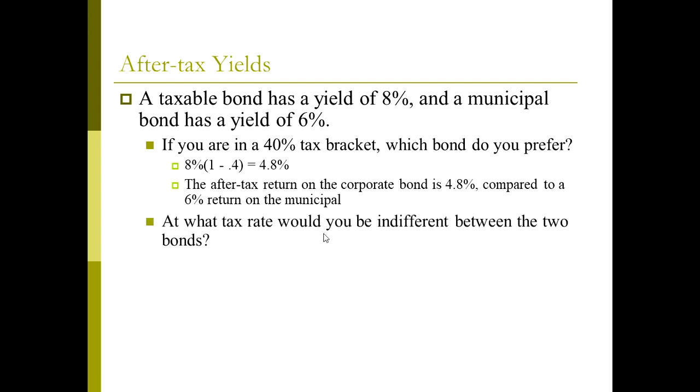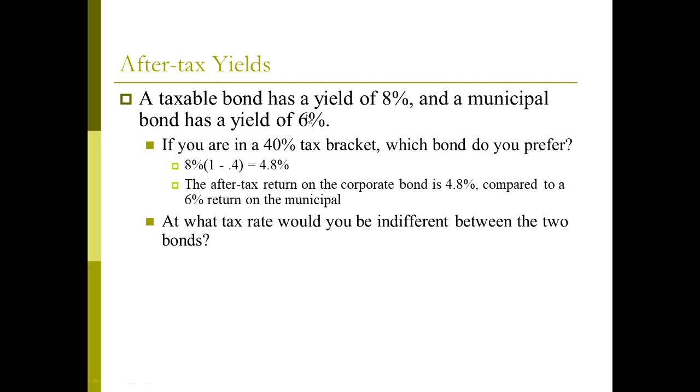Okay. The question is, different people will have different preferences, because while your tax rate is 40%, some people have a lot lower tax rates. For example, if you're a student, your tax rate is very low, like say 20%, right?